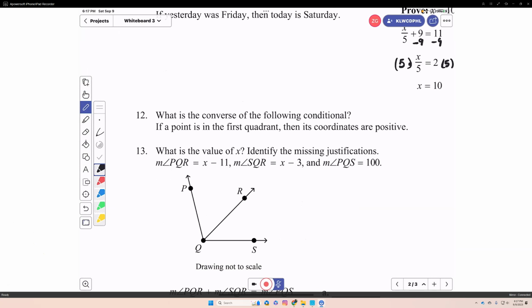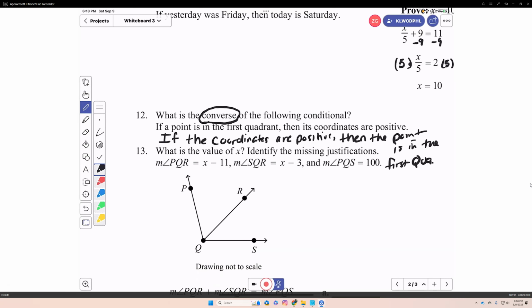For number 12, it says, what is a converse? And remember, with a converse statement, you're going to switch the hypothesis and conclusion. If a point is in the first quadrant and the coordinates are positive, you would say if the coordinates are positive, then that's the conclusion part, then the point is in the first quadrant.